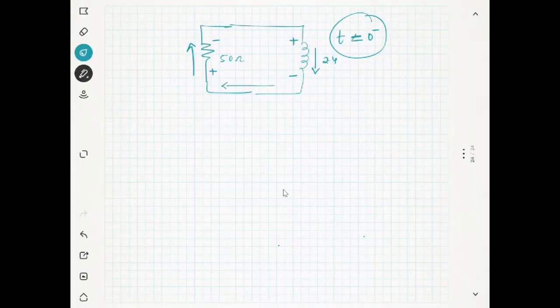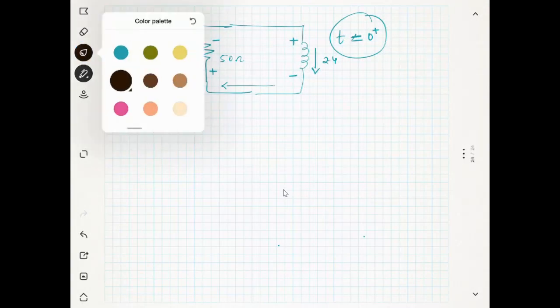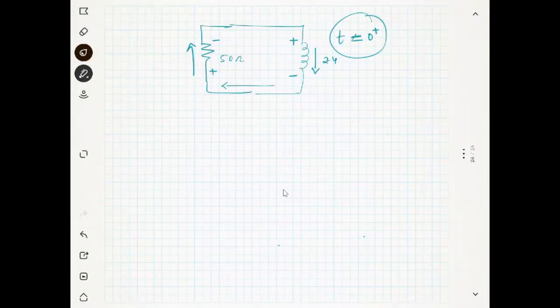So what will happen if the inductor does not change the polarity at t equal to 0 plus? Now you can see these two branches are parallel. Parallel voltages should be the same.